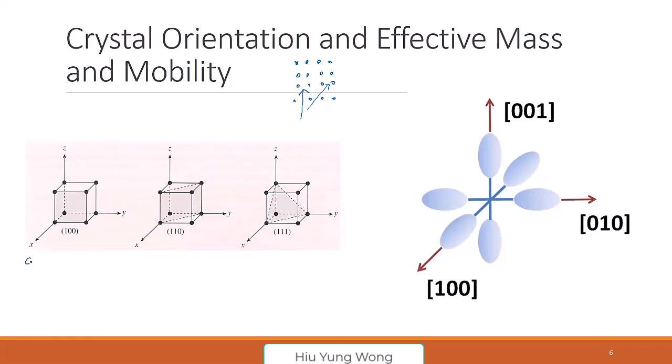Do you know? For X, Y, Z, it cuts X at 1. Where does it cut at Y? Can someone tell me what is the intercept between this plane and the Y axis?